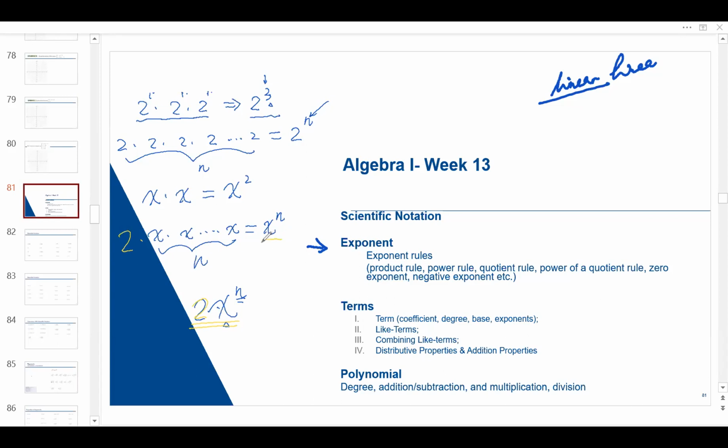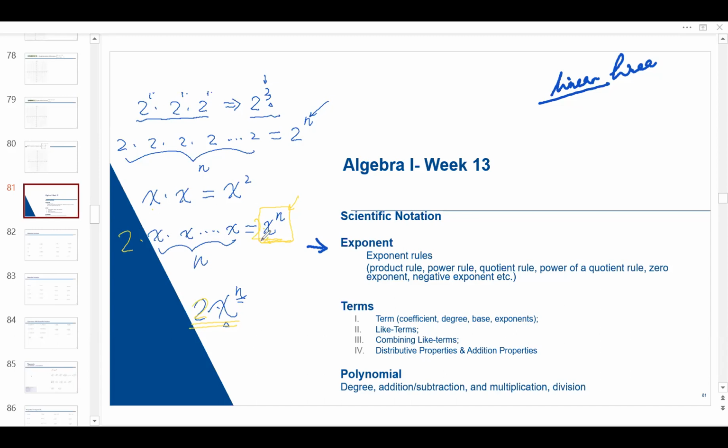So x power n is a kind of exponent, with a base and a power. n is the exponent. It means we have n units of x, the product together. They have operations as well.